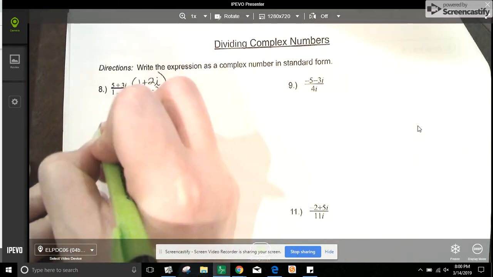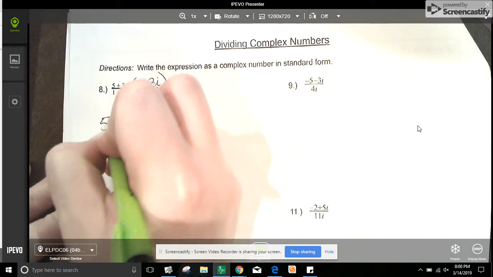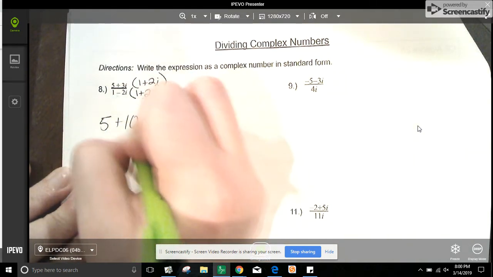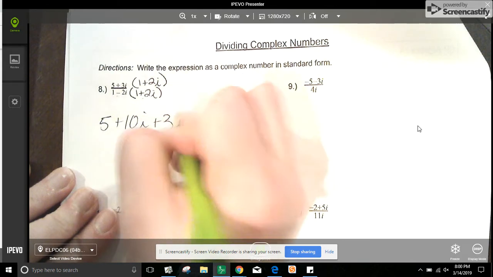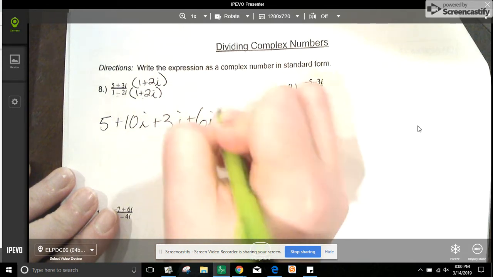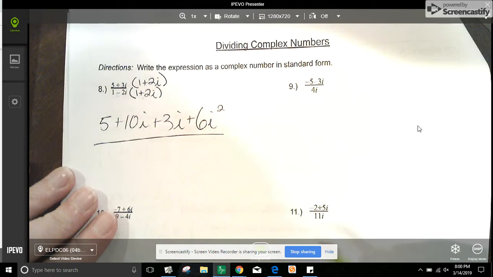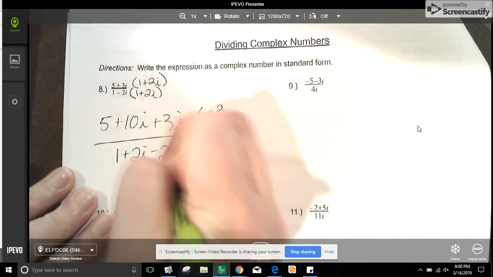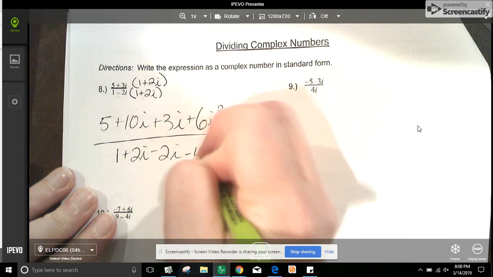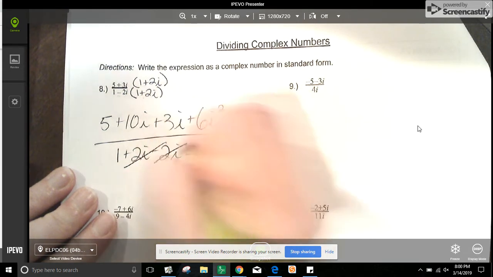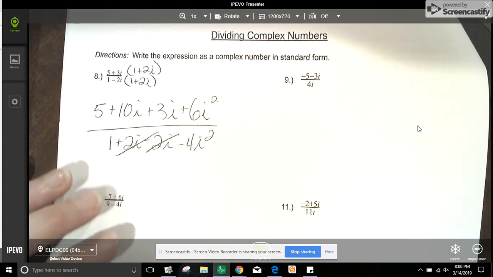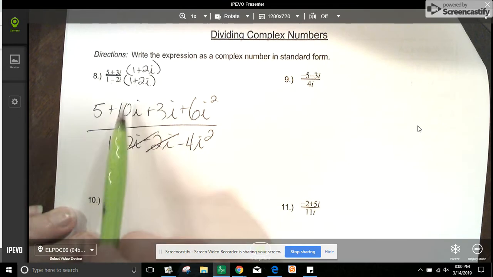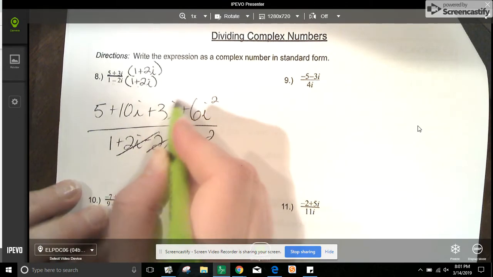So the top is going to FOIL to 5 plus 10i plus 3i plus 6i squared. And then in the bottom, what ends up happening is that you should get two middle terms that cancel. And then put your like terms together in the top.